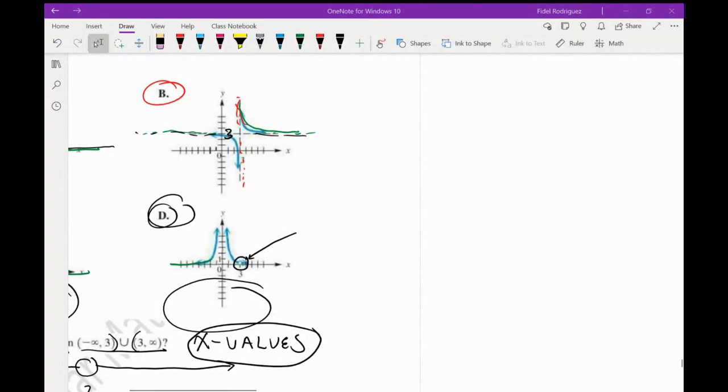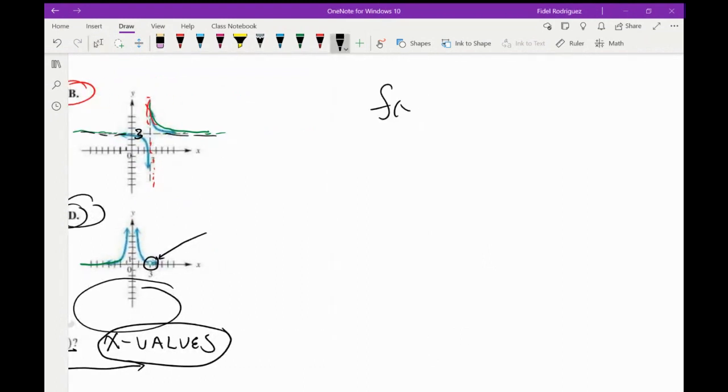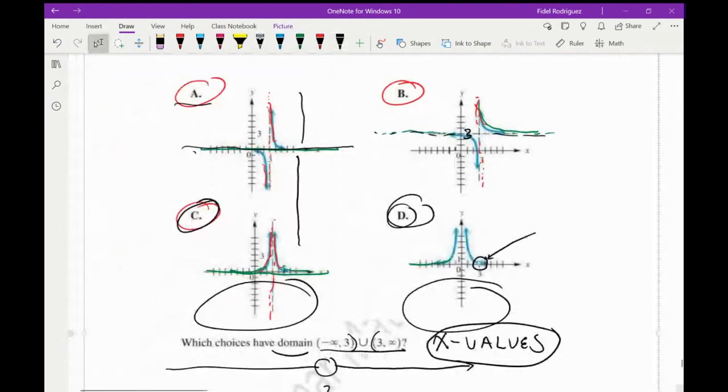Yes, okay. So what I'm going to do is write the function that I had here. The problem that I had was f of x is equal to 4 minus 4x over, I want to say it was 6x plus 3. Let me double check it.